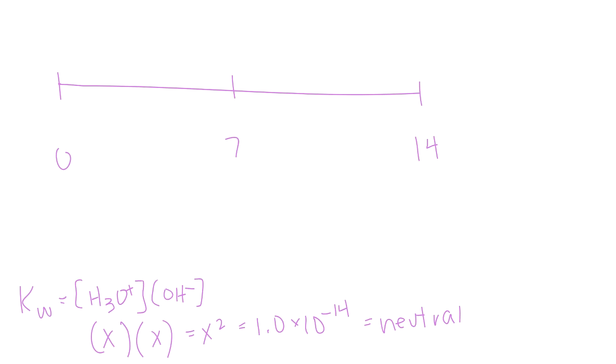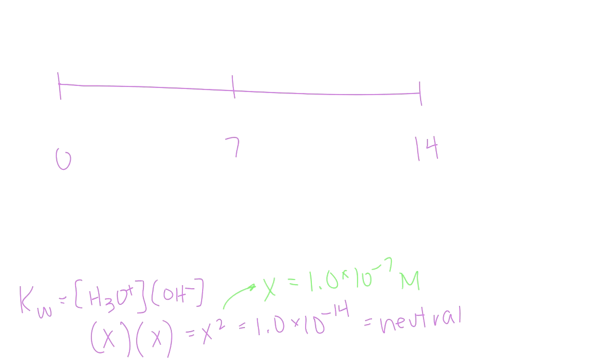Once you do that, you should get an x value of 1.0 times 10 to the negative 7 for both your hydronium and your hydroxide.